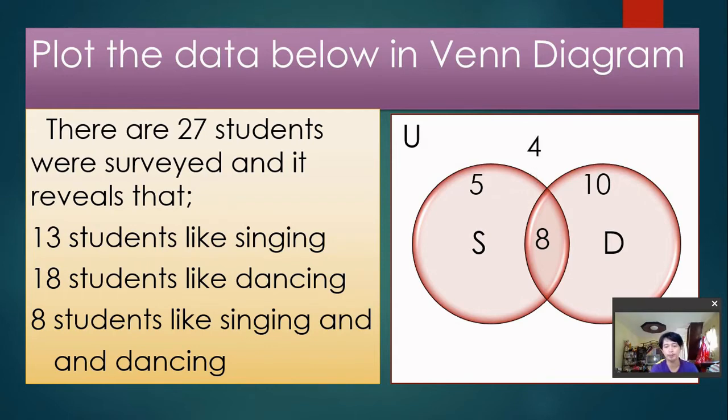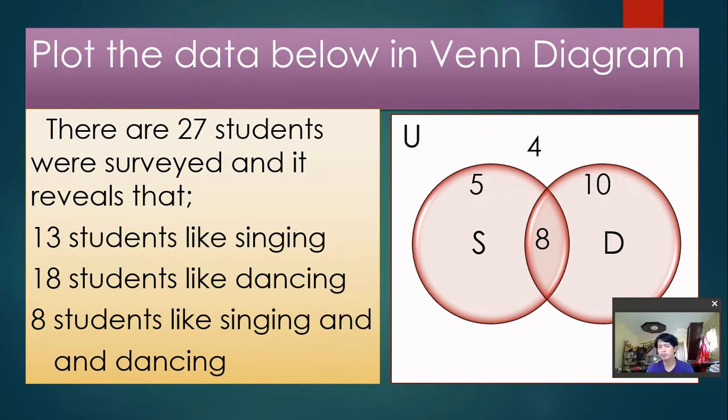Another example. Now, there are 27 students. If you add 5 plus 8 plus 10, 5 plus 8 is 13, plus 10 is 23. Only 23 students are found on this Venn diagram.